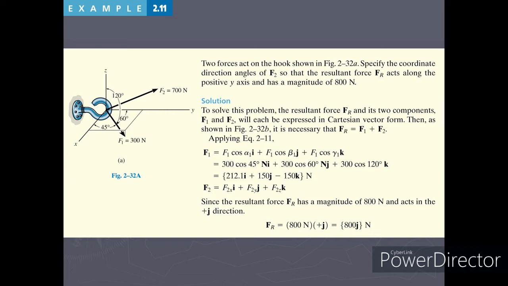Okay? So for F2, the problem says we should find the coordinate direction angles of F2. And then we were given the resultant, and we were told that the resultant is directed along the positive y-axis, and the magnitude of the resultant is 800. So can we form the Cartesian vector form of the resultant? Who can tell me the Cartesian vector form of the resultant force?